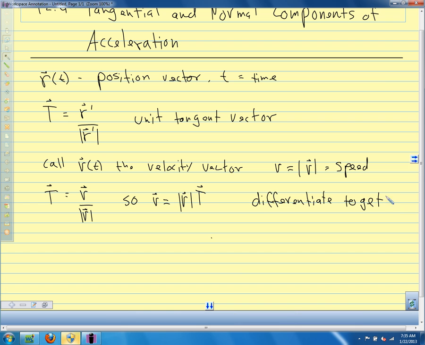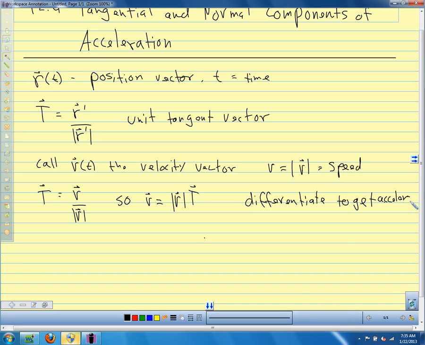So we're going to differentiate this quantity to get our acceleration.